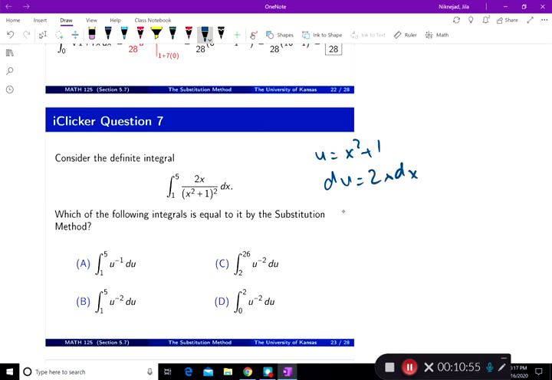Then x equal to 5 gives 5 to the power 2 plus 1, u equal to 26, and x equal to 1 gives 1 to the power 2 plus 1, u equal to 2. So the bounds should be 2 and 26, and I have to have u to the power negative 2 and du. So C is the answer.